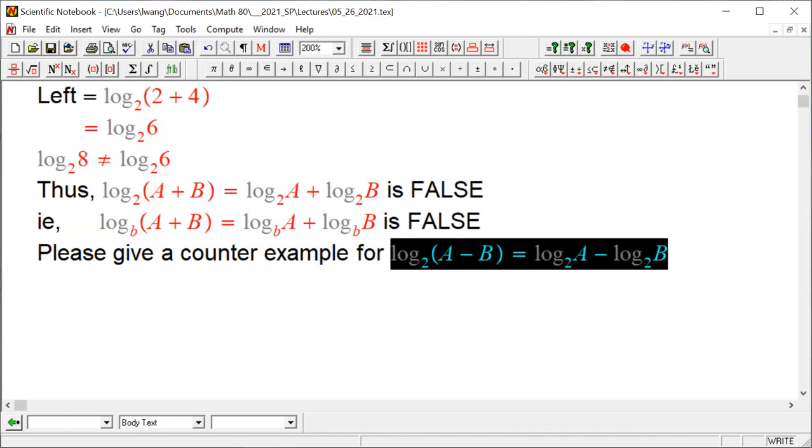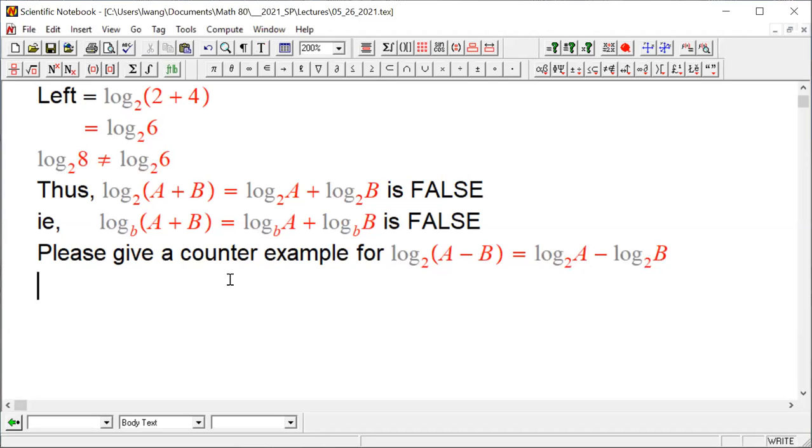You ready? Counter the other case. Ellen, are you ready?